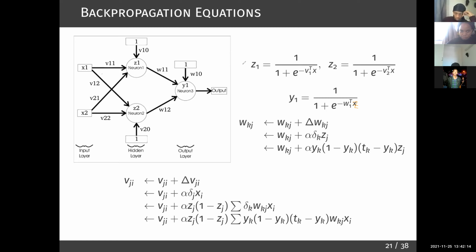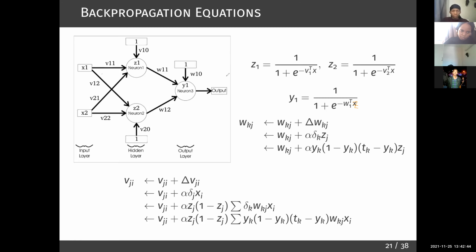But here, where your output is Z1 and Z2, your input is X. So now this is the one, X0, X1, and X2 multiplied by V1 from here, and then you have another V2, because your input is X2 multiplied by V2, V2 first component, V2 second component.